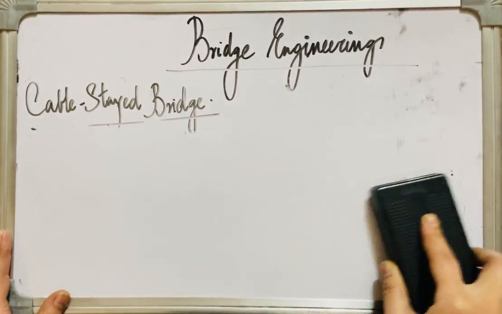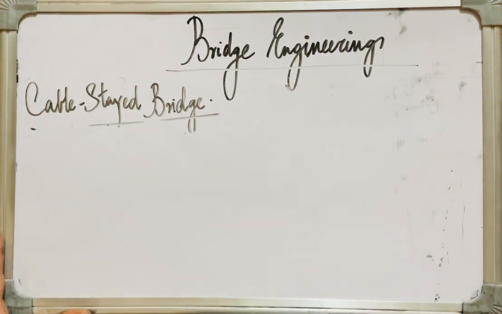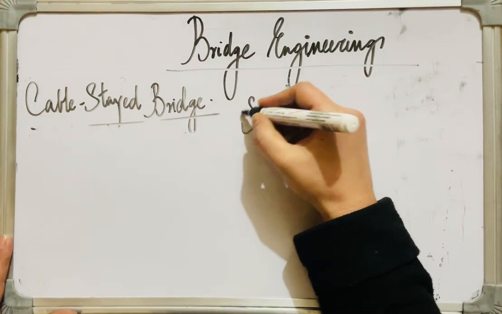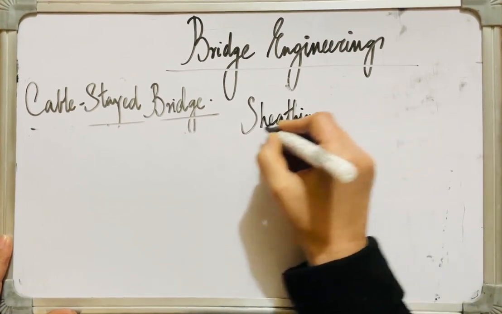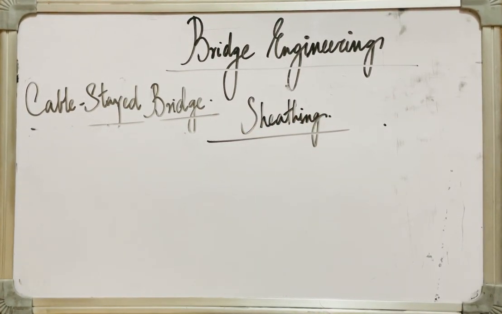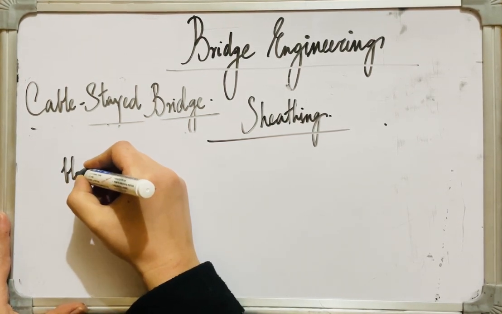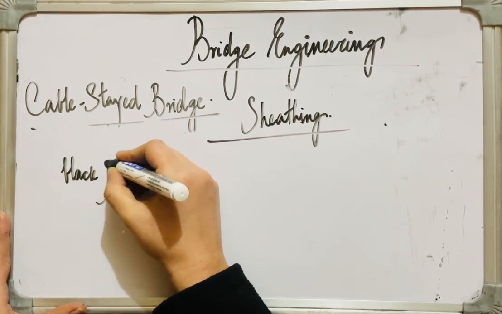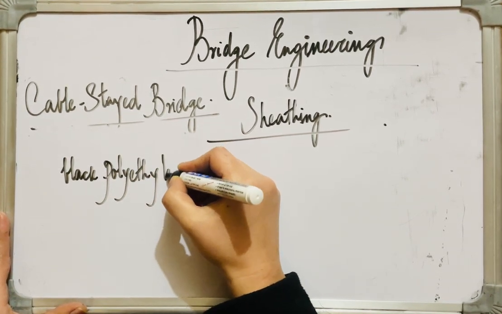We cannot leave these stay cables exposed. We have to provide necessary sheathing, and sheathing in the case of stay cables is done by using black polyethylene tubes.